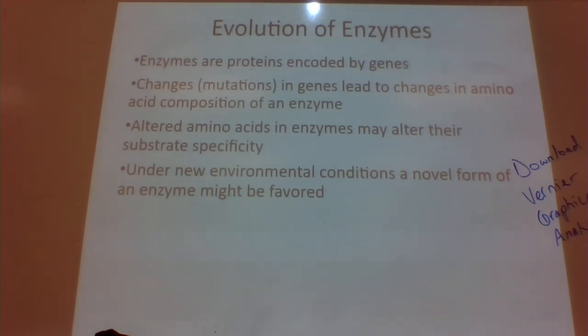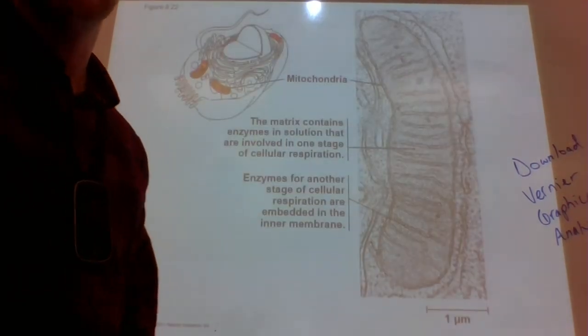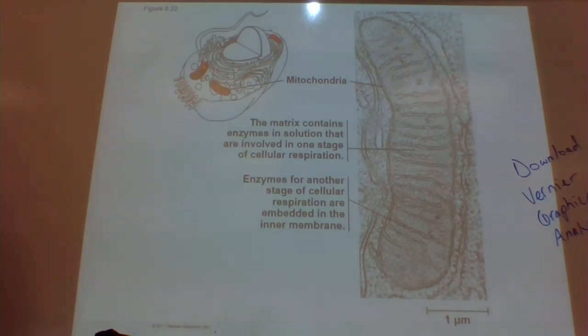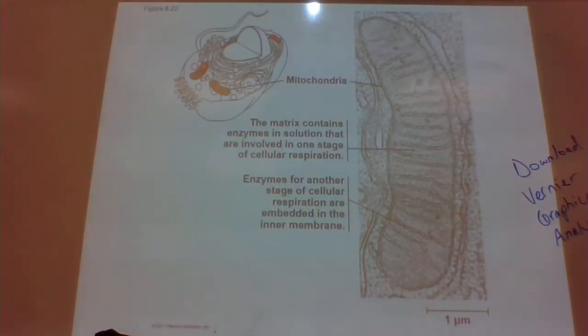Now let's take this back to a cell. We spent some time learning about all of these different organelles that are inside of cells. Organelles like mitochondria, chloroplast, smooth and rough endoplasmic reticulum, Golgi apparatus, right? And we said all these organelles are basically made up of phospholipids, nothing fancy.